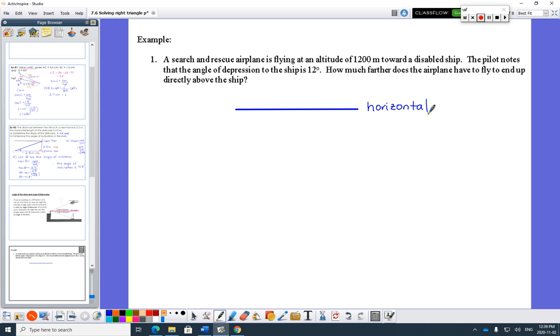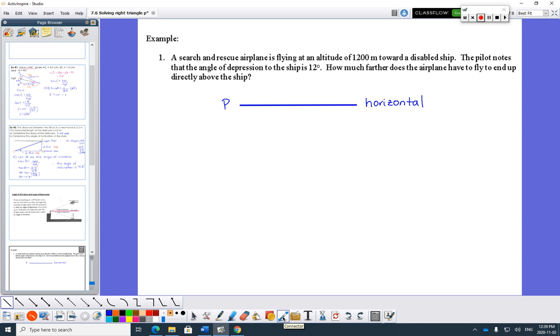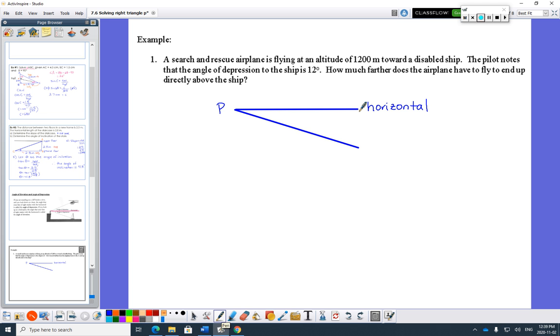It doesn't matter. I'm going to put my pilot here. You can put your pilot over here. It doesn't matter. And then it's down. So I'm being depressed from the horizontal. I'm going to go this way, down. And now we have a triangle.